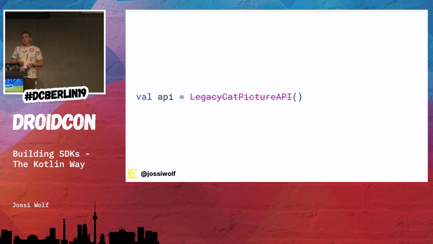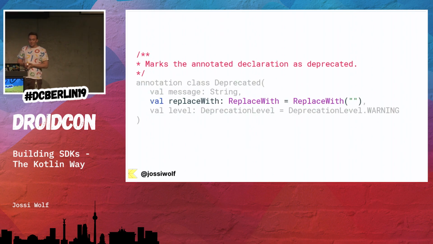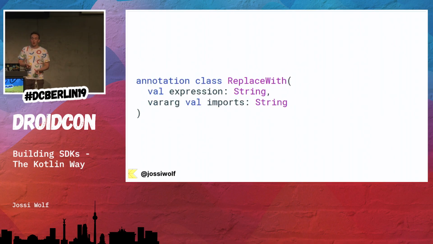So the other two things about the deprecated annotation are actually even more awesome. So I want to talk about replace with. Replace with itself is an annotation class as well, and it takes two parameters, the expression and the imports. The imports can be empty, and you only have to really specify the expression.